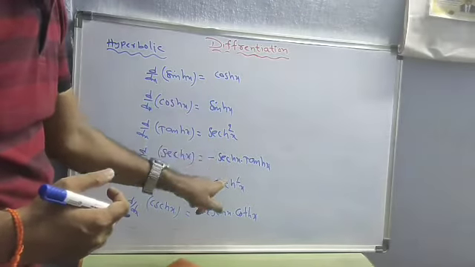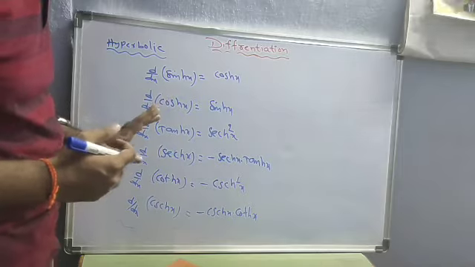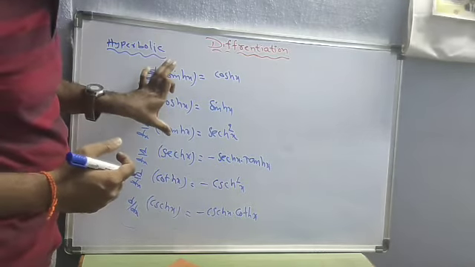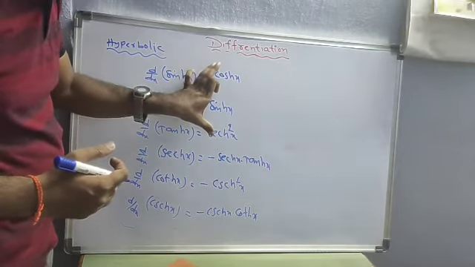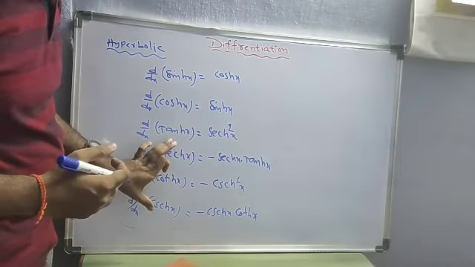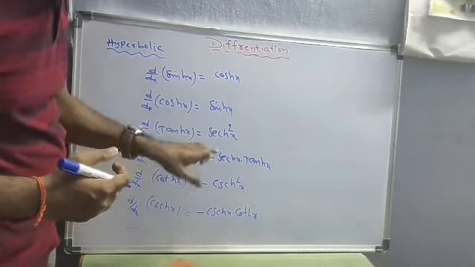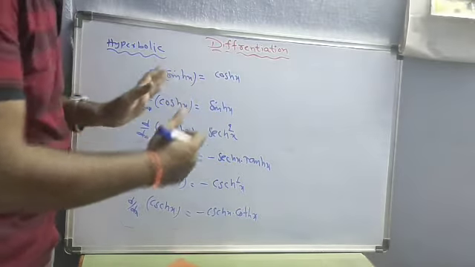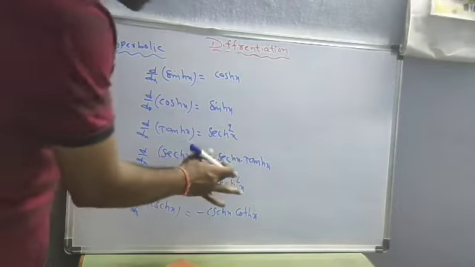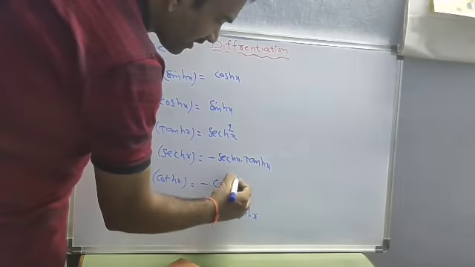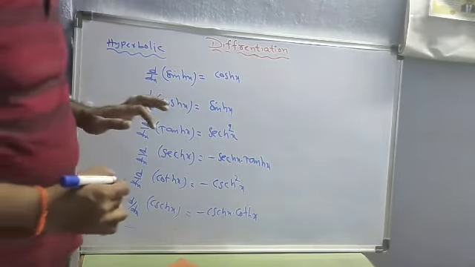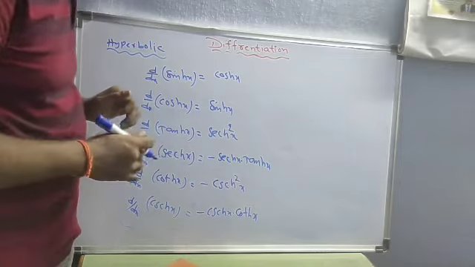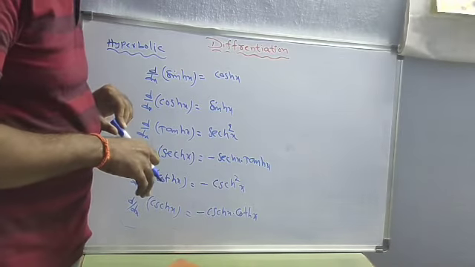The pattern is the same. What is the logic? For major trigonometric ratios you have the positive sign, and for reciprocal trigonometric ratios you have the minus sign. The remaining functions are similar. Any square value you have to apply only on the h. So these are the hyperbolic function differentiation values.